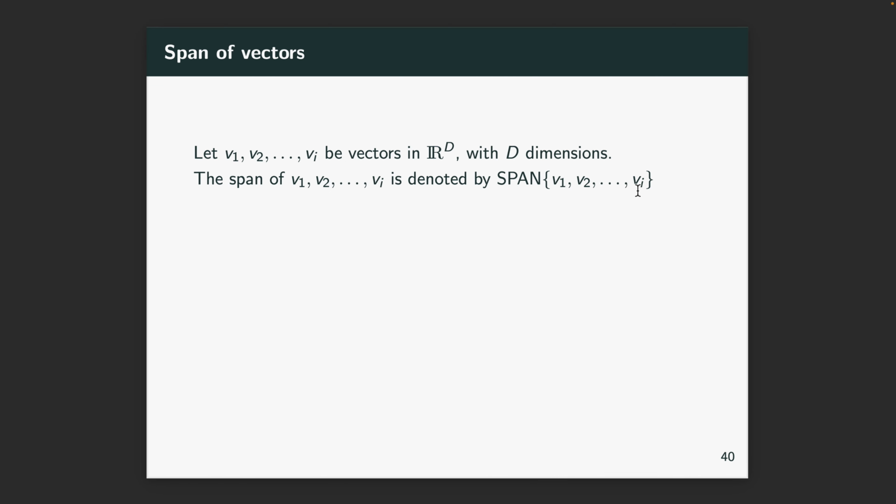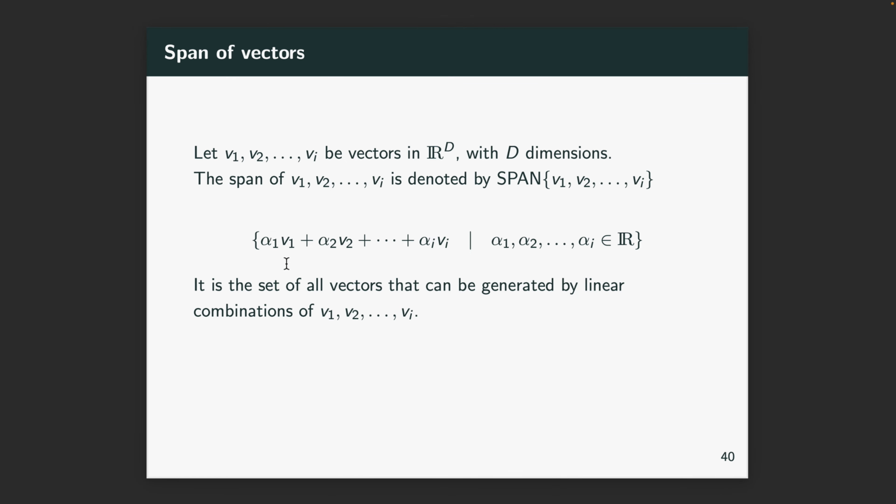This is the set of all vectors which can be generated by the linear combinations of v1, v2 till vi. So the span definition is dependent on the definition of linear combination. We'll now use this definition for a few quick examples to ensure that we understand the concept.